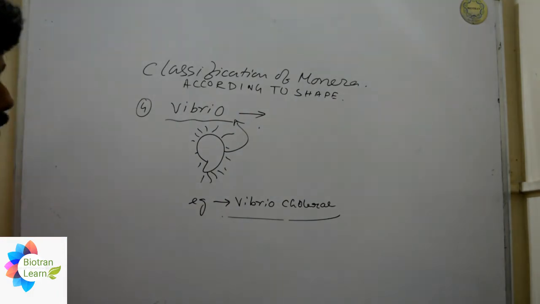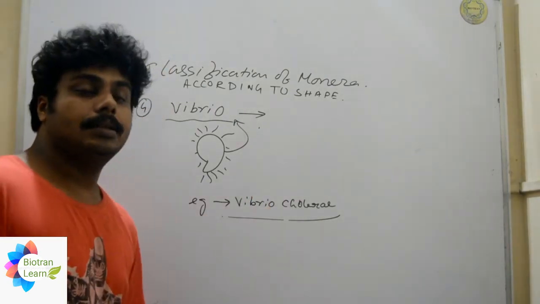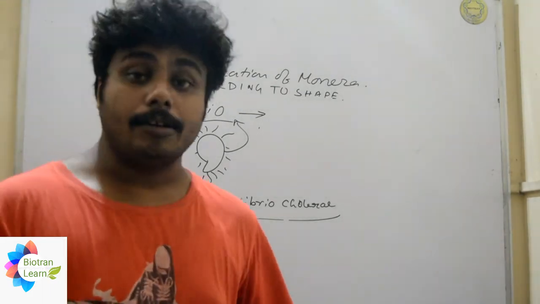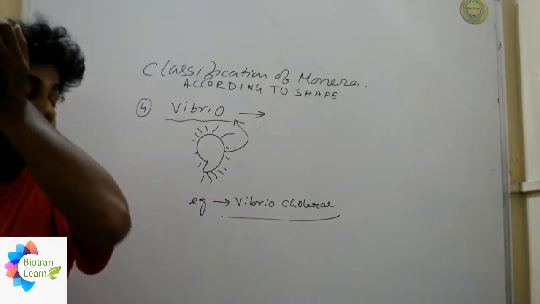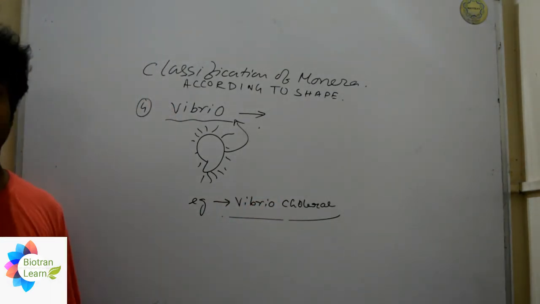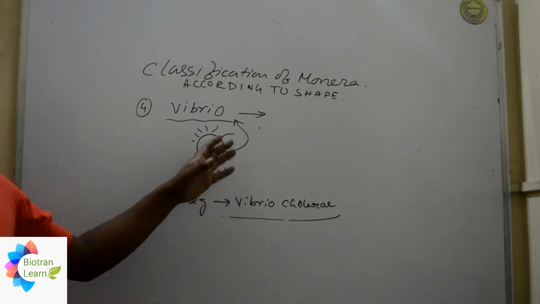After knowing the classification, what are the different types of bacterium we are able to find in our natural habitats? These could be the normal flora of our skin, or could be found in the air or soil as soil bacteria. So these will be the different types of bacteria according to shape.